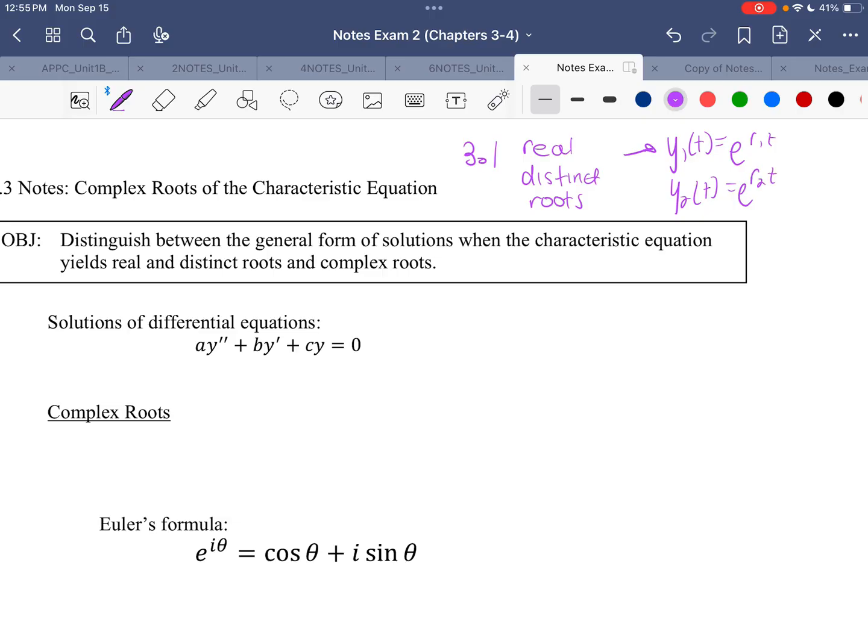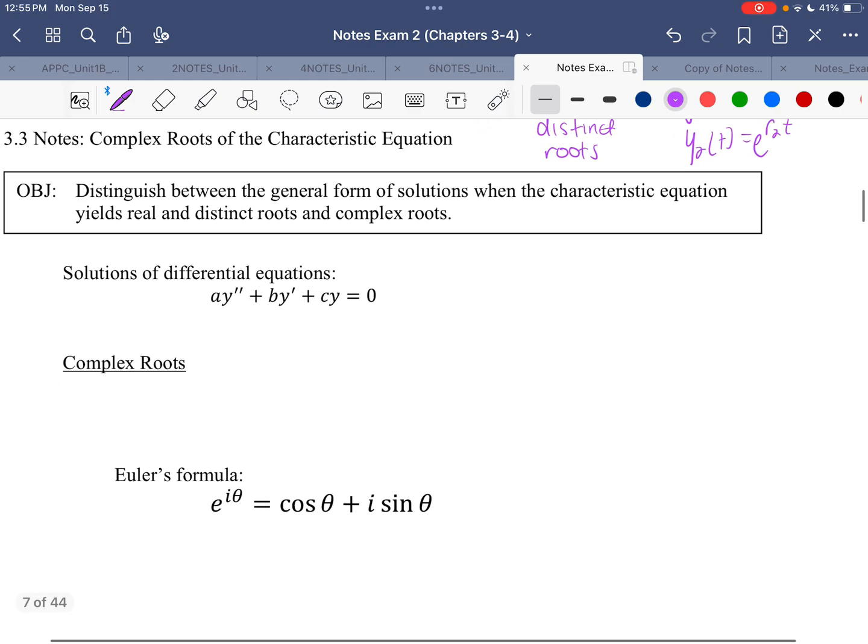Today we're going to talk about complex roots and repeated roots, distinguishing between general forms of solutions when the characteristic equation has distinct versus complex roots.